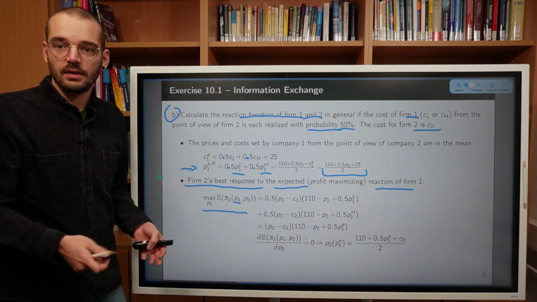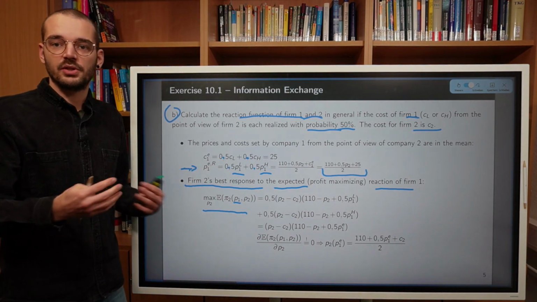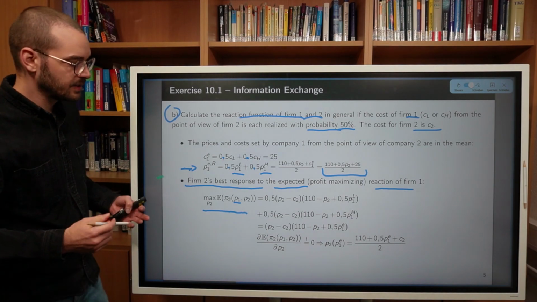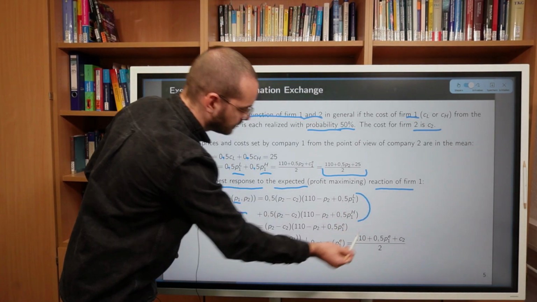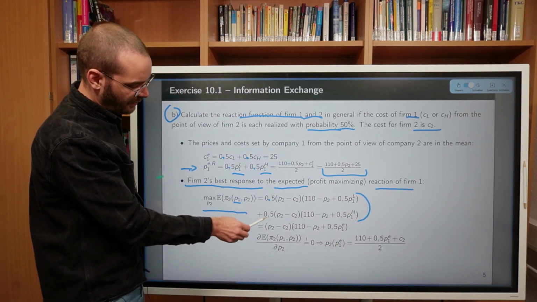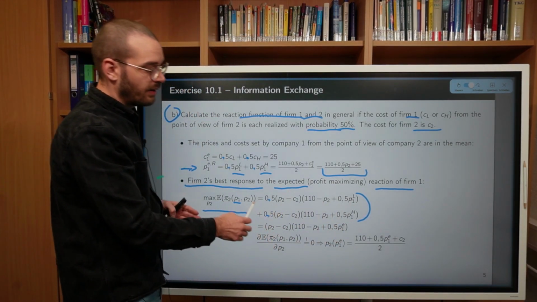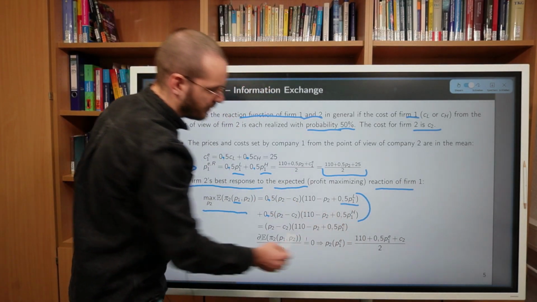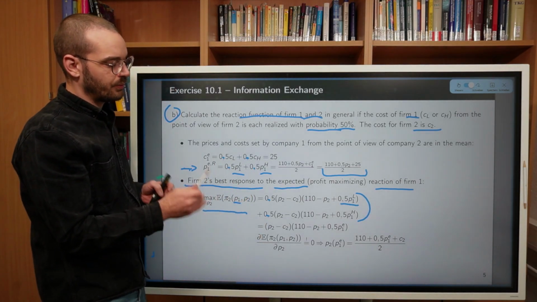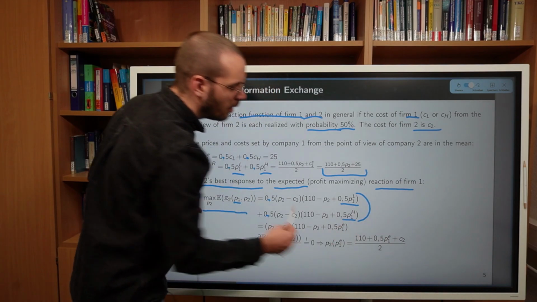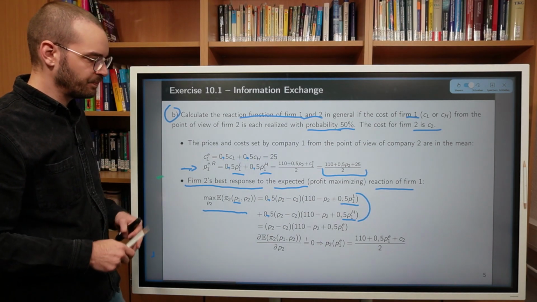Firm 1's price, however, as we have established, can take two separate values with equal probability, right? So one way to formulate this is these first two lines, where we have with probability 0.5 a profit function for firm 2 that incorporates a low price of firm 1, and with the same probability of 0.5 a profit function of firm 2 that incorporates a high price of firm 1, right? Equal probability once again.